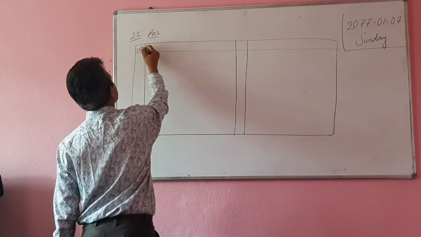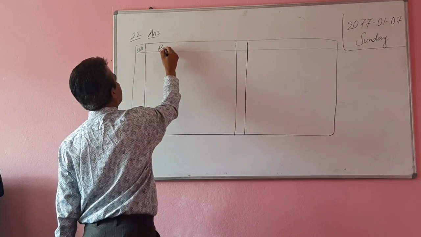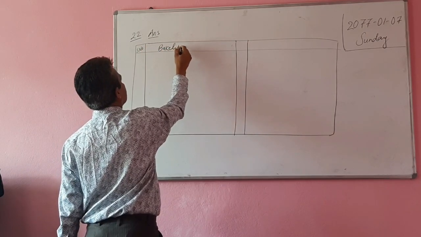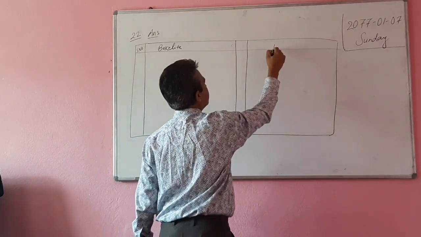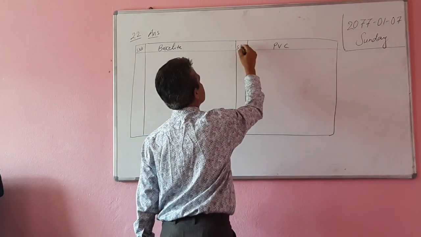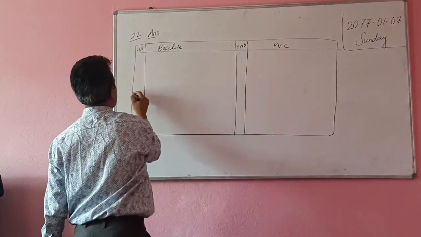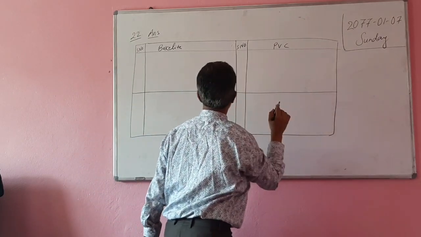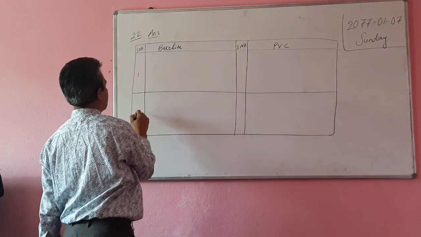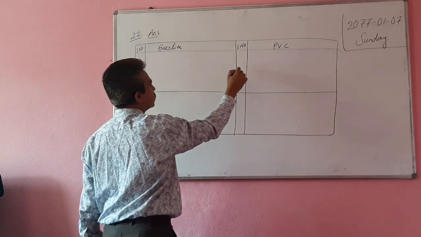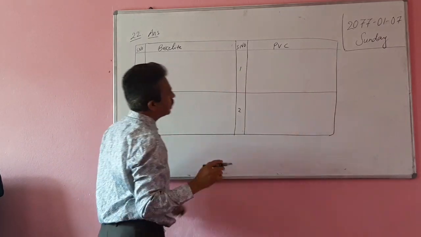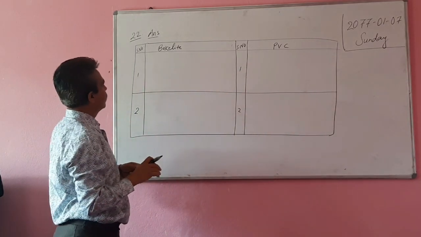Here is S and here bakelite, here PVC, symbol number. And I said it is of 2 marks, means divide into 2 equal halves, 1 number, 2 number, means first difference, second difference.